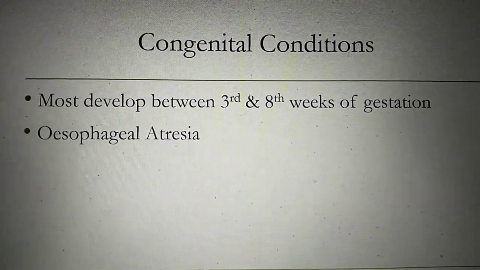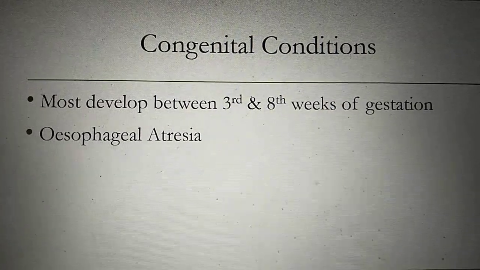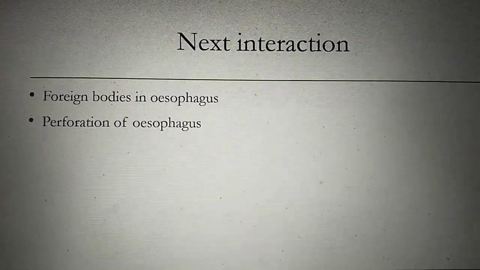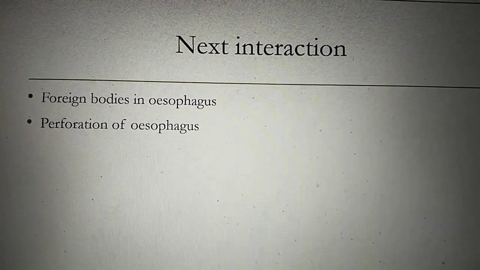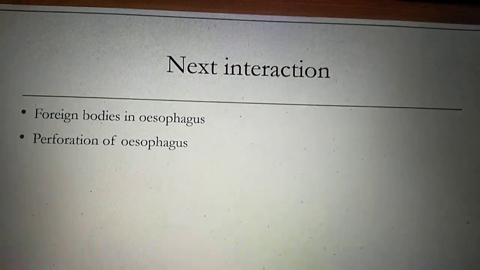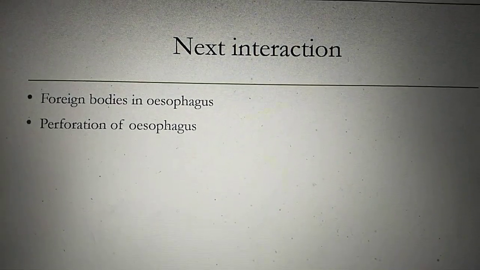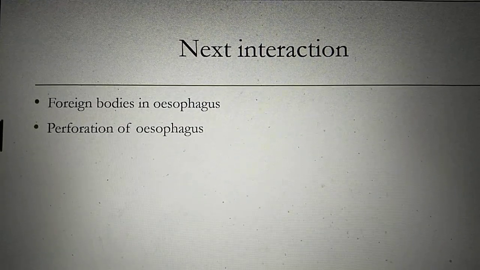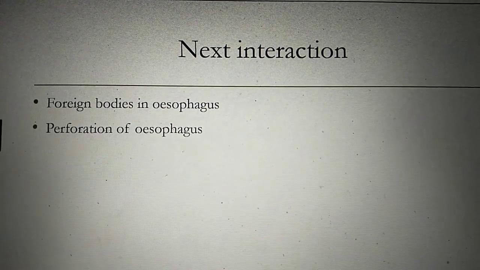One of the important conditions is esophageal atresia, and along with that, foreign bodies in the esophagus and perforation of the esophagus. We can cover these topics in the next interaction.